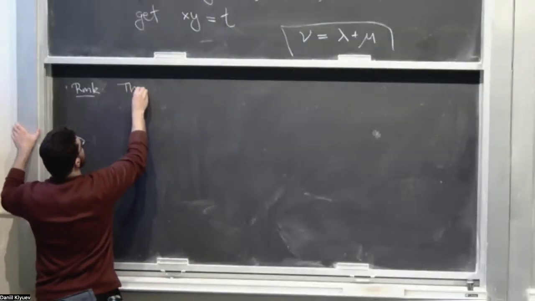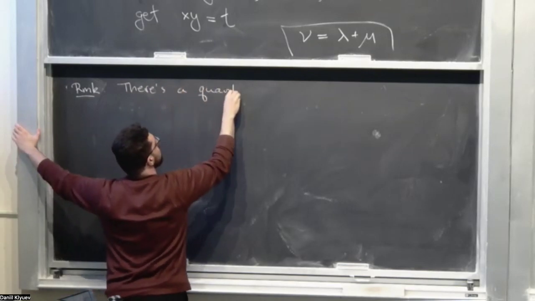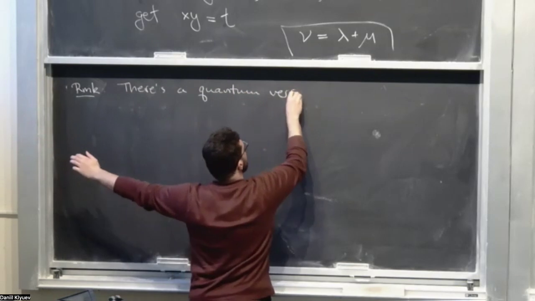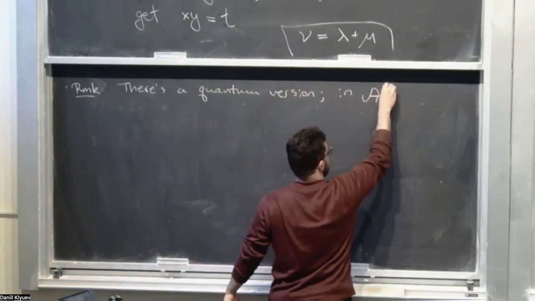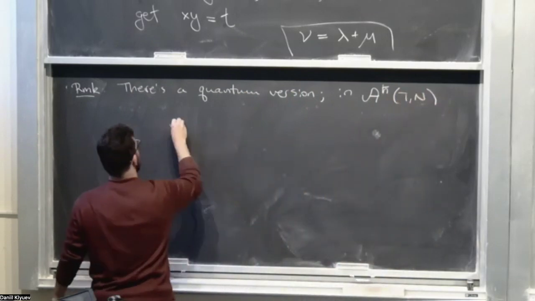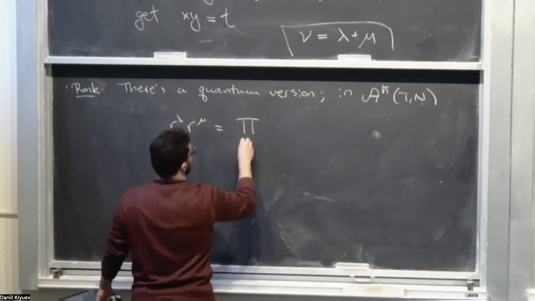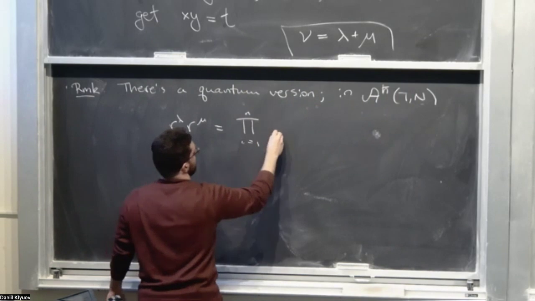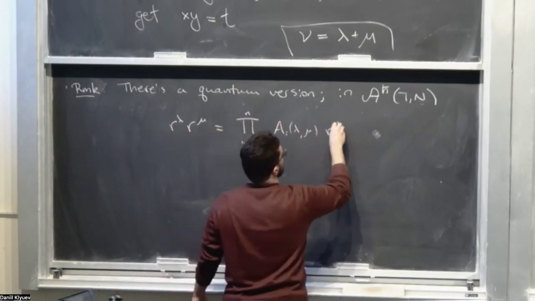So there's a quantum version. For the quantum algebra with H bar, we have R lambda R mu is equal to a product from i equals 1 to n again, of something times R lambda plus mu.